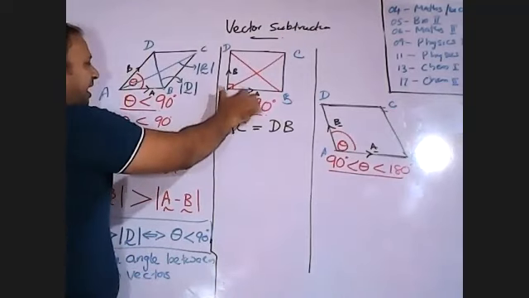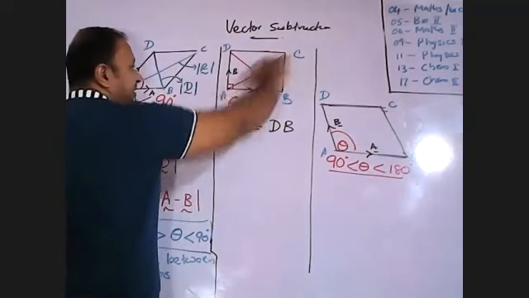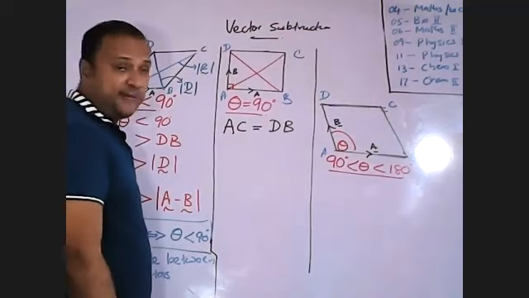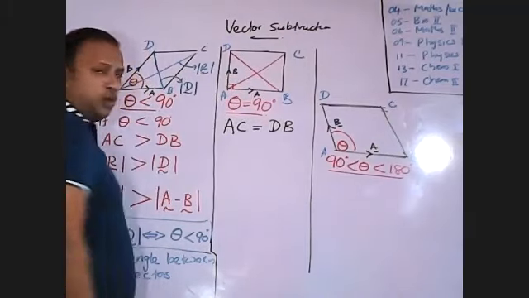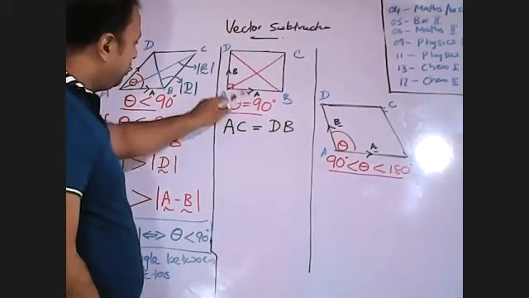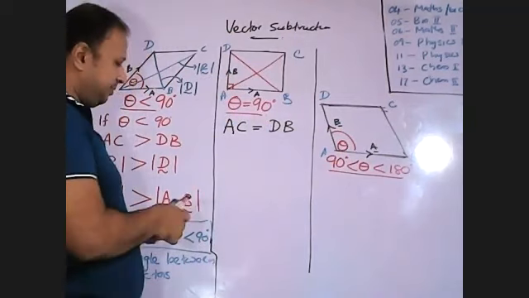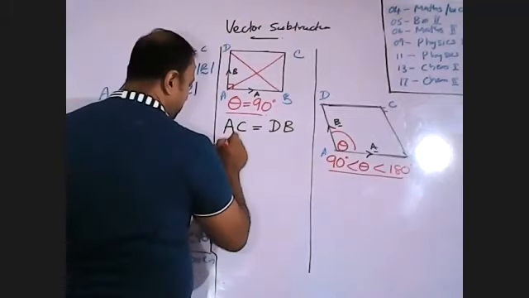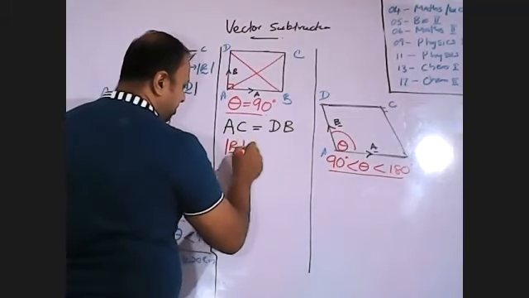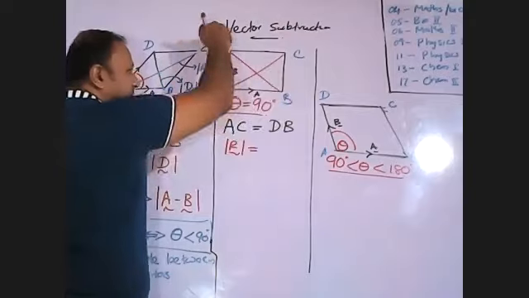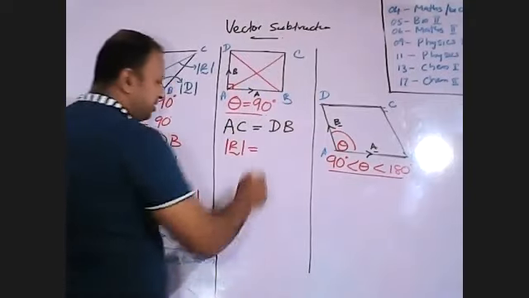Length of AC is equal to the magnitude of the resultant vector of A and B. Therefore, this is equal to the magnitude of resultant vector. This is equal to the magnitude of difference D.